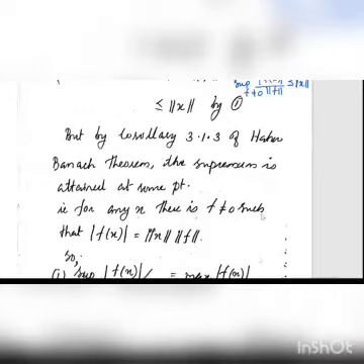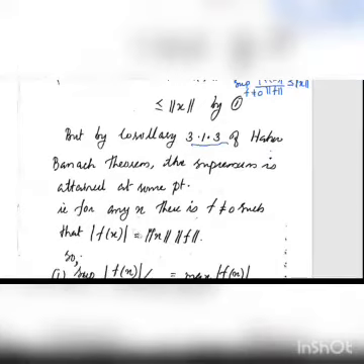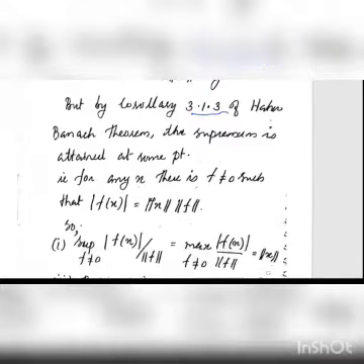You have already seen that this quantity is less than or equal to norm of x, but by 3.1.3 of the Hahn-Banach theorem, the supremum is attained at some point. Therefore, at some point it should be equal. That means this norm of I_x should be equal to norm of x.